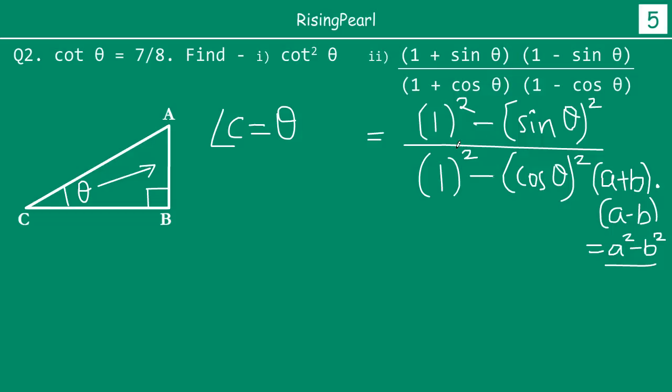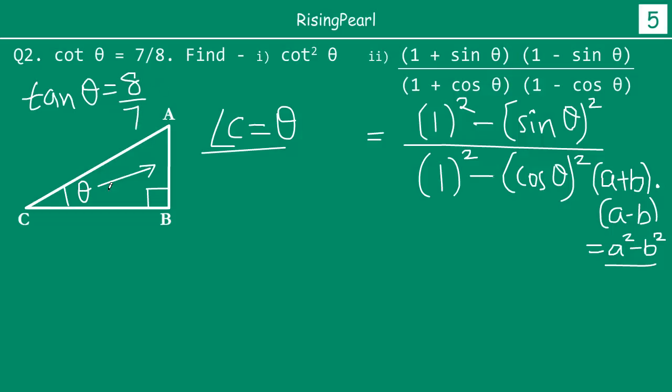right? And so here, if I need to now find the value of sine theta and cos theta, for that I need to really find out all the three sides. So let's go back. What we have been given is cot theta is this, and we assume that C is theta, then tan theta is equal to the reciprocal of this, it will be 8 by 7.